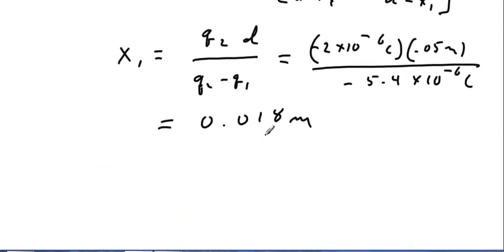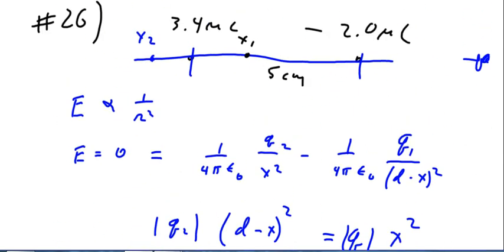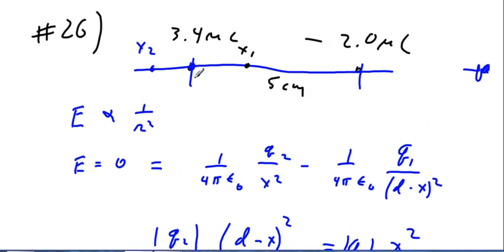Okay. So that being the case, 0.018 x1, if we allowed the first charge to be, this point to be at 0, then that first point is going to be 1.8 centimeters.